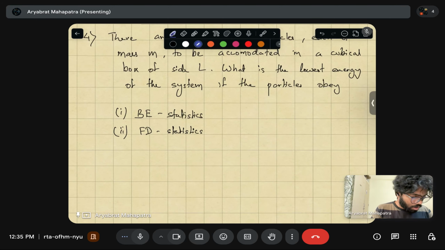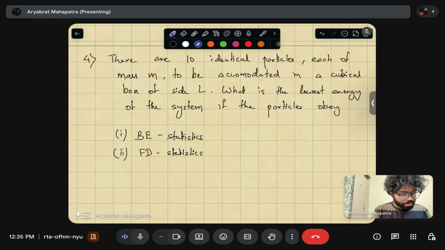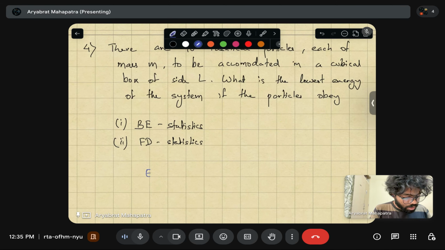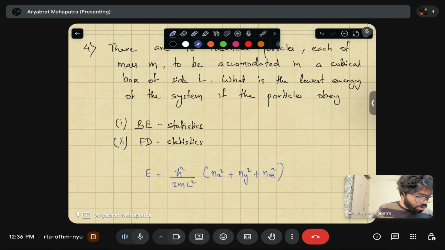If you recall from your quantum course, or if you have not seen it, the energy of the infinite cubic well is written as h bar square, your reduced Planck constant, over 2 m L square, where L is the cubic box length, times nx square plus ny square plus nz square. These are your quantum numbers.